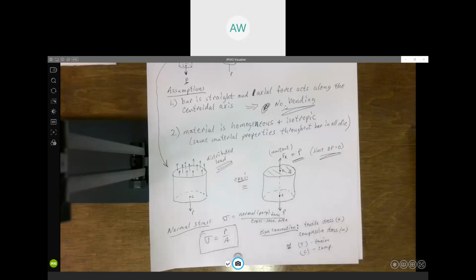It doesn't matter. But when you get to some more, maybe, exotic materials, they can have different properties in tension or compression. So that's another reason to differentiate and denote tension or compression.